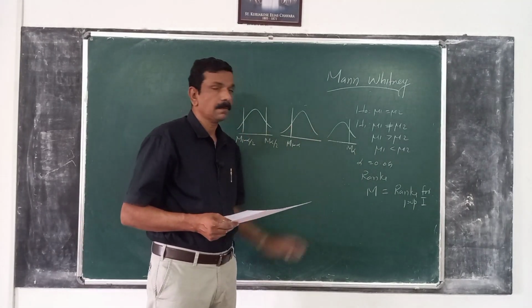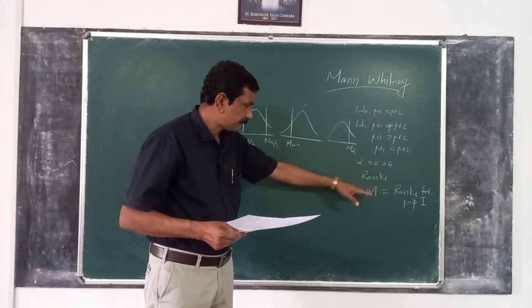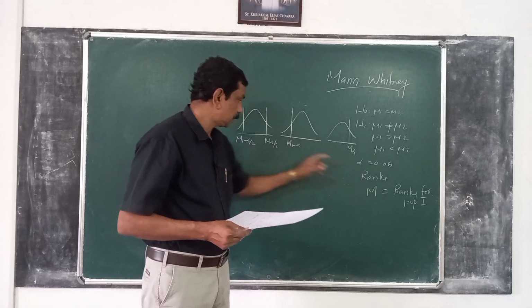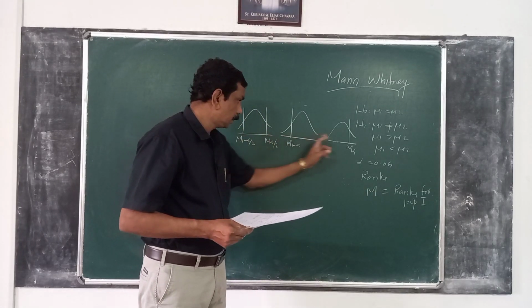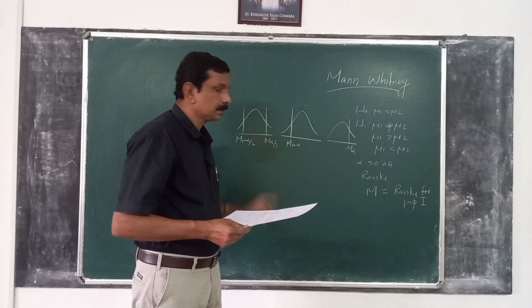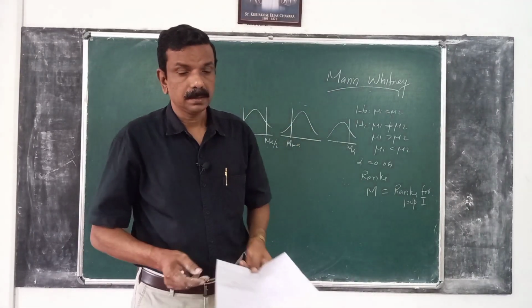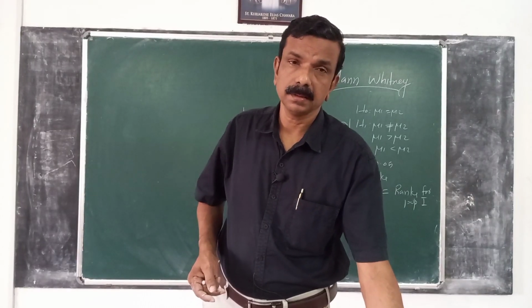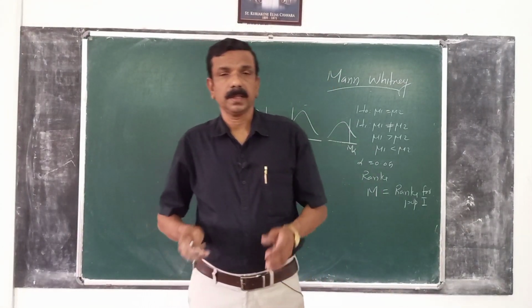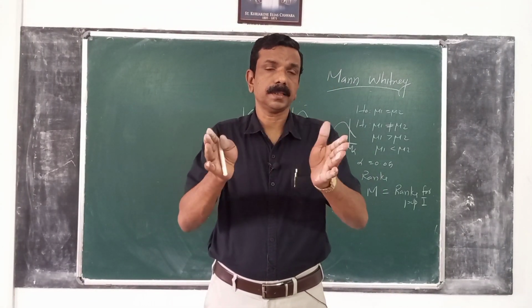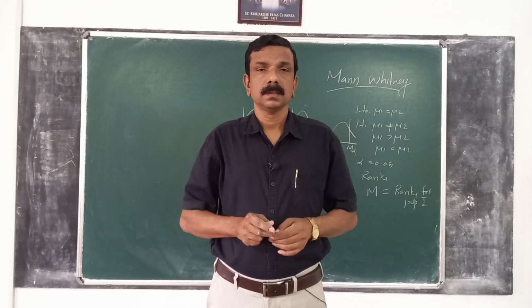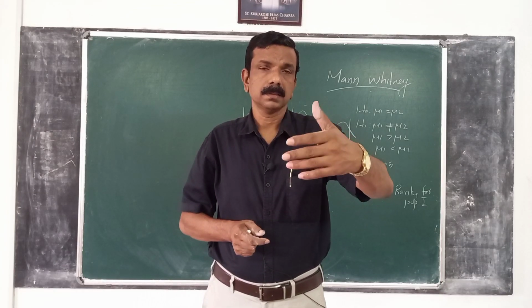Decisions are based on whether the value of the rank sum M is in the critical region or in the acceptance region. This is the Mann Whitney test to compare two means when populations need not be normal but identical.